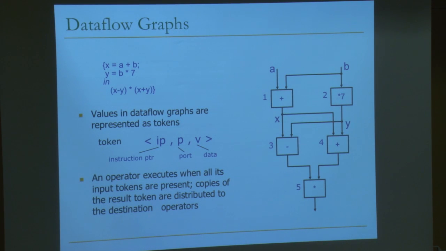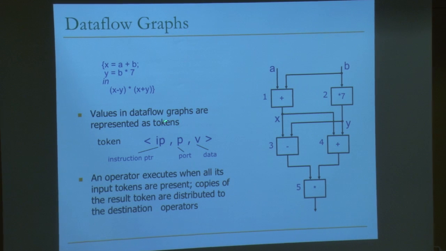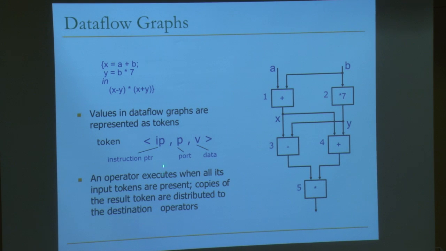It should basically enable that left operand. And this is the value. This is very much like out-of-order execution, right? You're doing a tag broadcast here. What is a tag? Well, I guess in this case, the tag is really the instruction pointer. And also the port, which operand, and the data value.